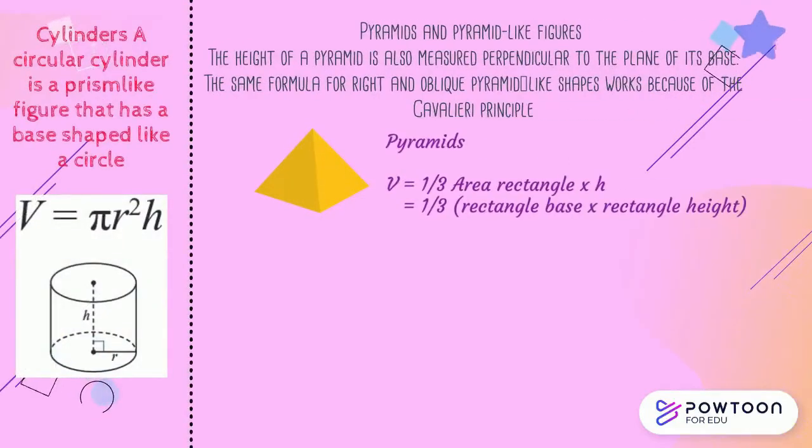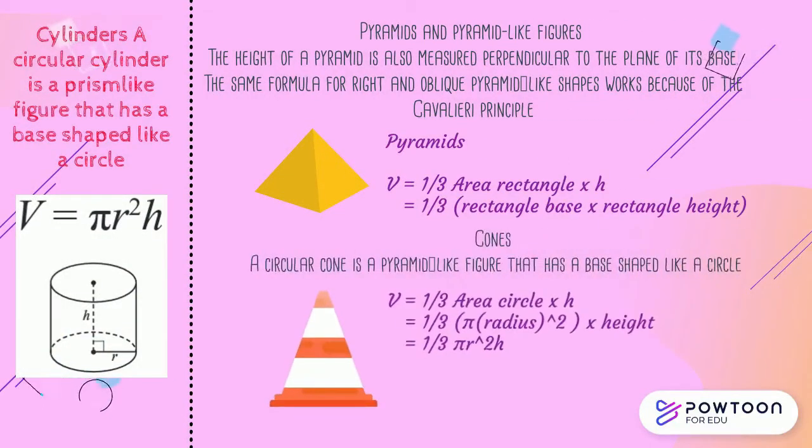Let's move to the next one, cylinder. A circular cylinder is a prism-like figure that has a base shaped like a circle. The formula used to calculate the volume of a circular cylinder is area of the circle multiplied with the height. Area of the circle is pi multiplied with the radius squared, times the height.